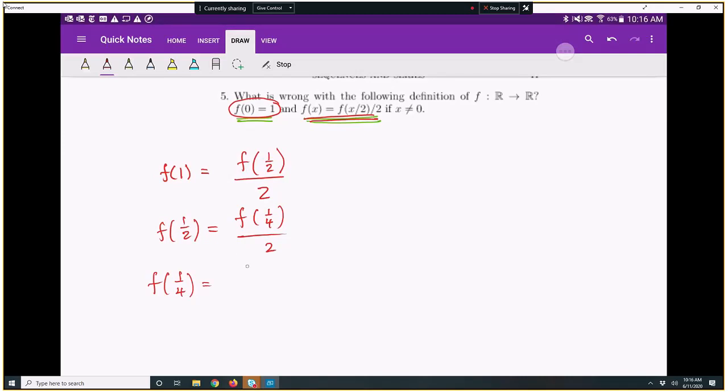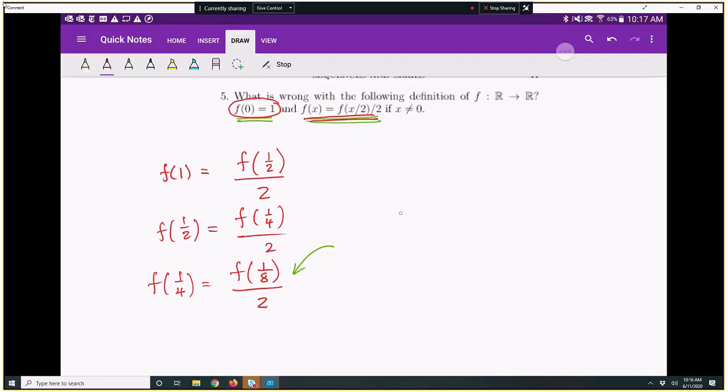And the problem is that I will never get to 0 this way, because I can keep cutting in half, 1/2, 1/4, 1/8, 1/16, on and on, infinitely many times, and I will never get to f of 0 in this place. And f of 0 is the only term that I know the definition for.